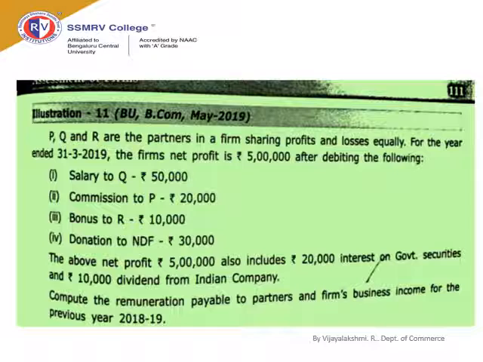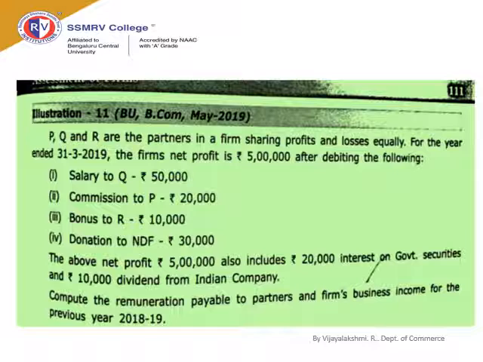So we are going to calculate the book profit here. Students, please do remember, first we need to take the net profit, to which we are going to add all inadmissible items. Here the inadmissible items are salary paid to Q, commission to P, bonus to R, and donation to NDF. All these items should be added to net profit.